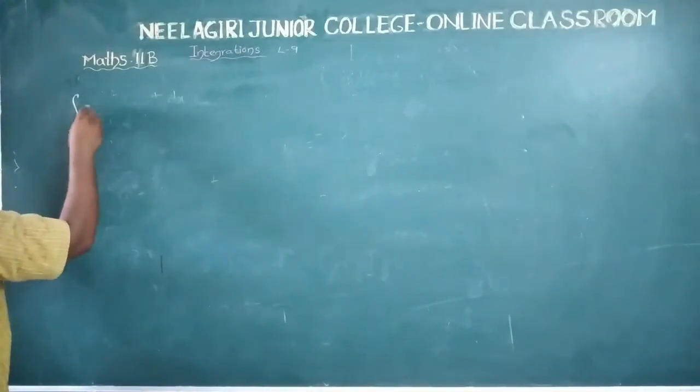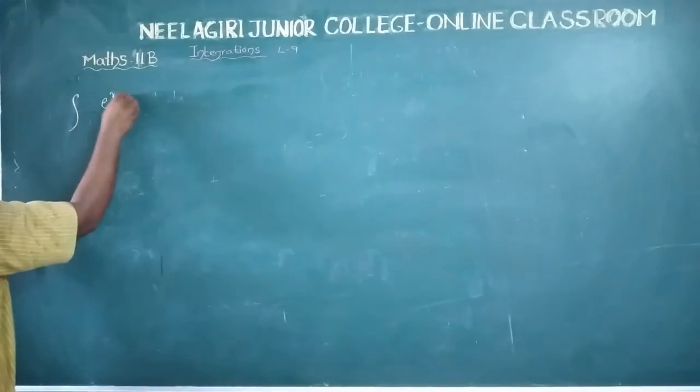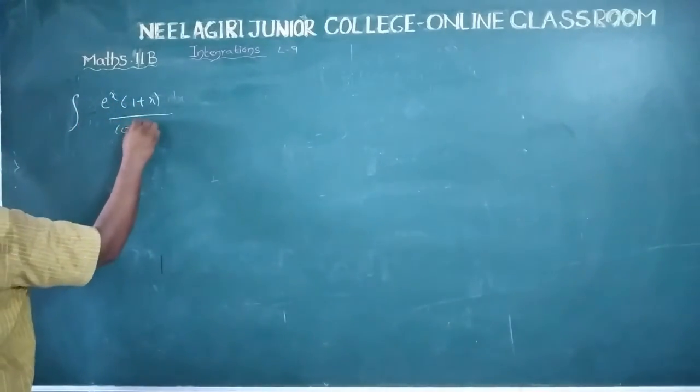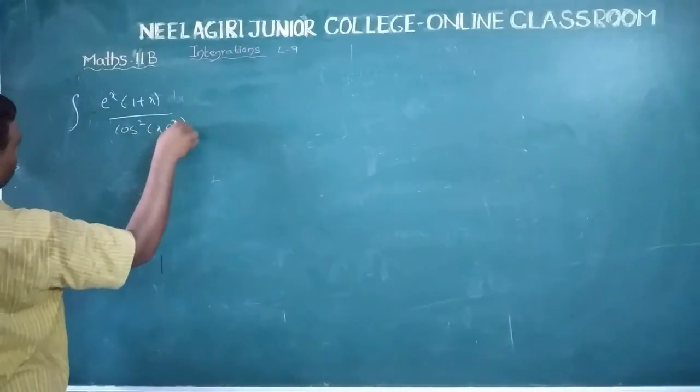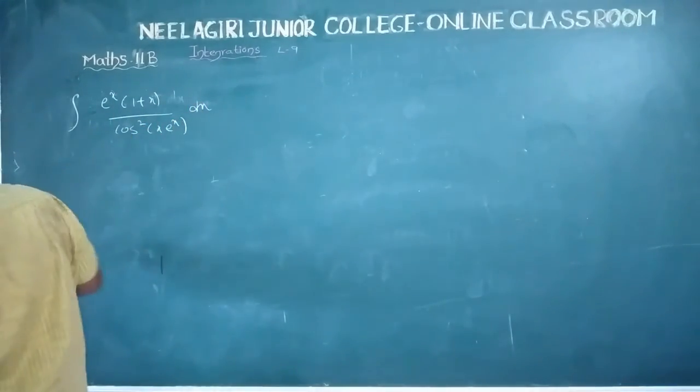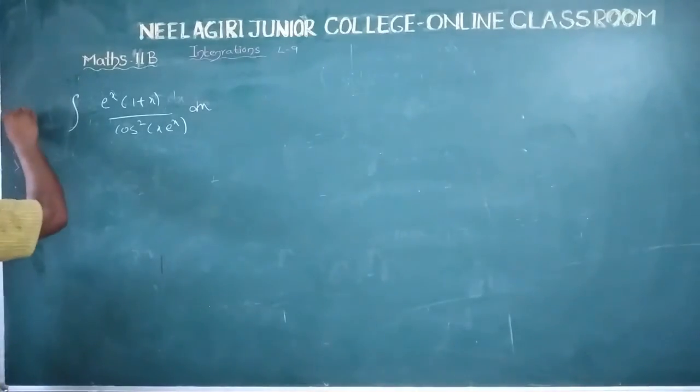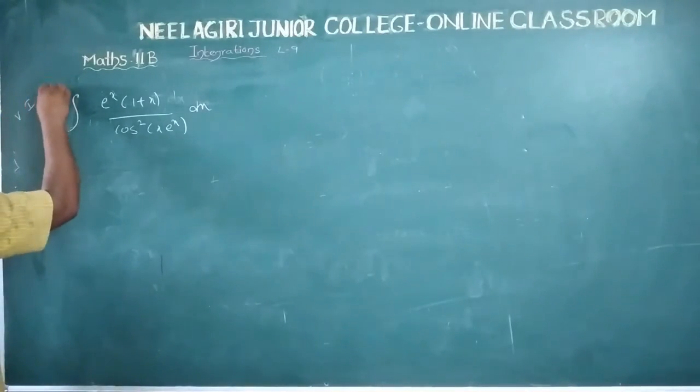Integration of e power x into (1 plus x) by cos square of (x into e power x) dx. This is a very important problem for 2 marks.